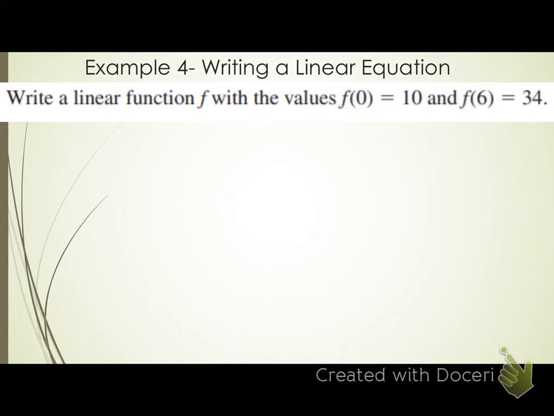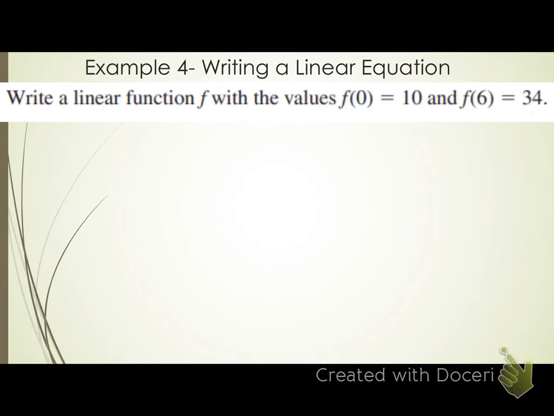Any ideas how to approach this? f of whatever means y, so what are my y values here? 10 and 34. Those are my y values. What would the corresponding x values be? 0 and 6.